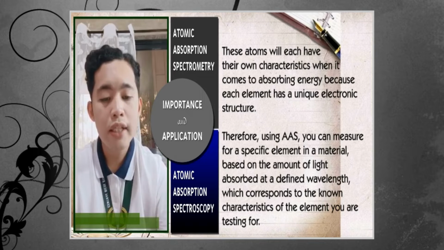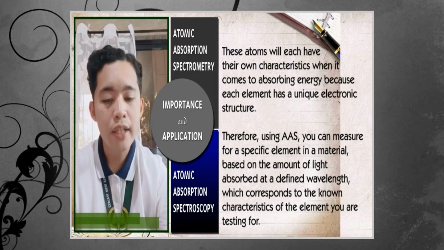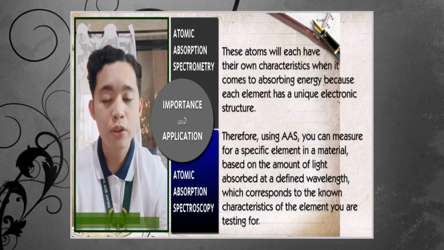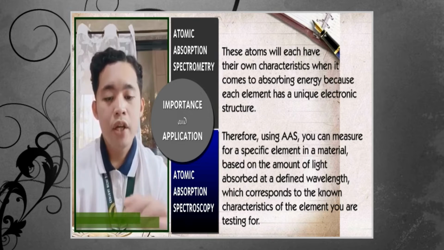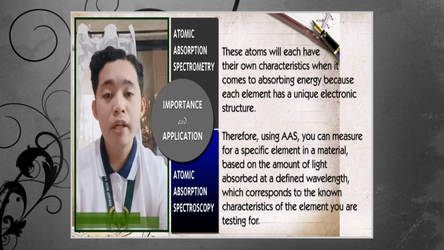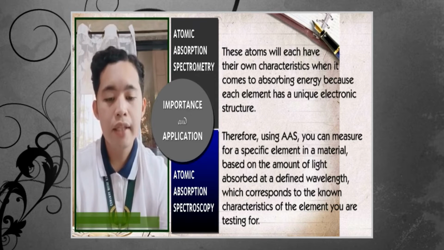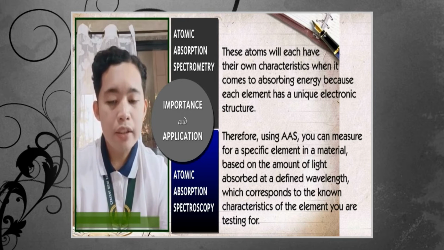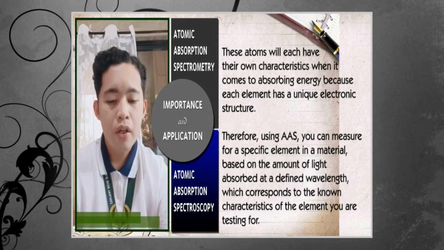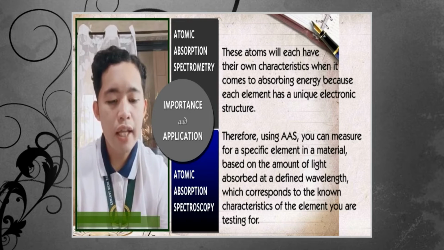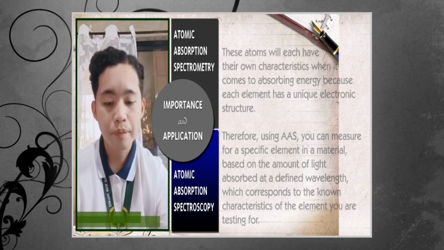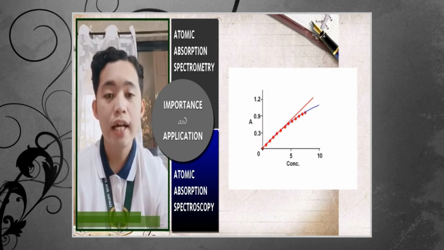Those atoms will each have their own characteristics when it comes to absorbing energy because each element has a unique electronic structure. Therefore, using AAS, you can measure for a specific element in a material based on the amount of light absorbed at a defined wavelength, which corresponds to the known characteristics of the element you are testing for. We can see this in the image.